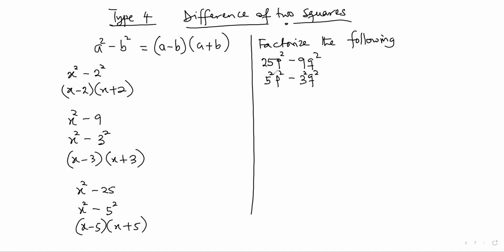So since there is a square on all of them, we can say the factorization becomes (5p minus 3q)(5p plus 3q). That's all.